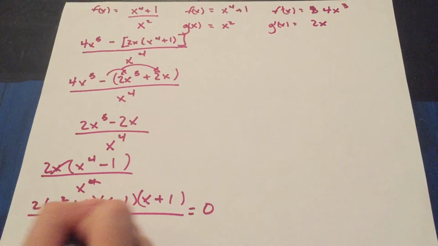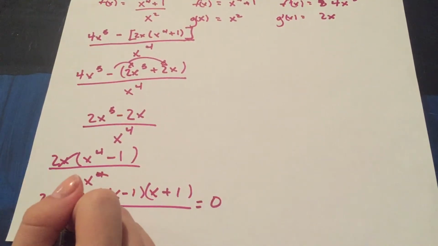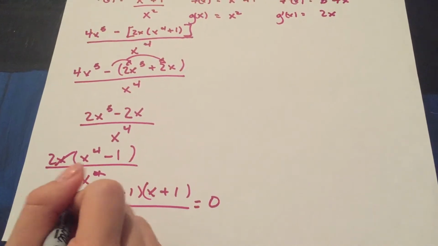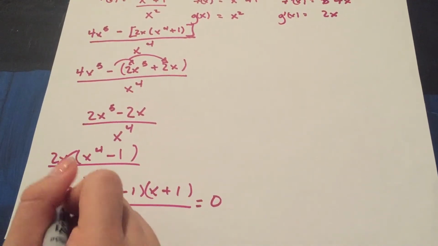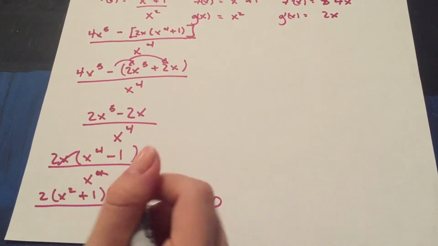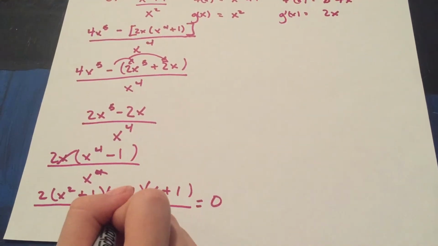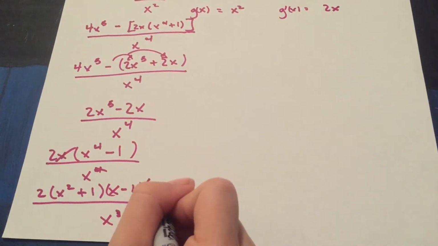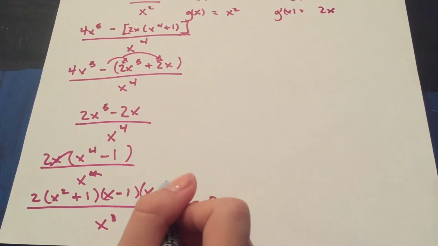So if we look at x squared plus 1, we know that there's nothing there that can give us 0. So that portion of it doesn't matter. But if we get a 1 here, that'll give us 0, and if we get a negative 1 here, that'll give us 0.